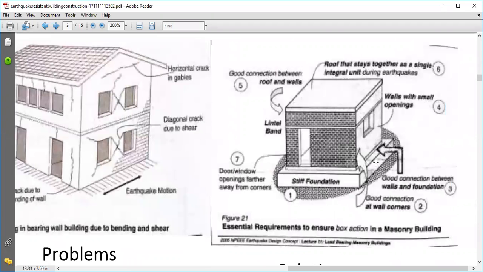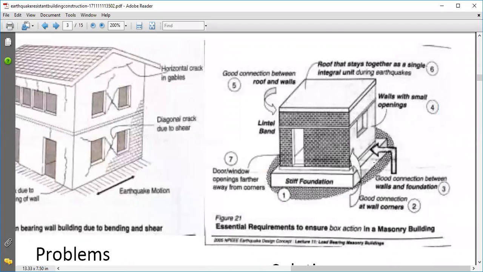You can see here the essential requirements to ensure box action in the masonry building. Our building should have a good connection between the roof and the walls, a lintel band, and small openings. There should be a good connection between the walls and the foundation, good connection at all corners, and a strip foundation should be provided.